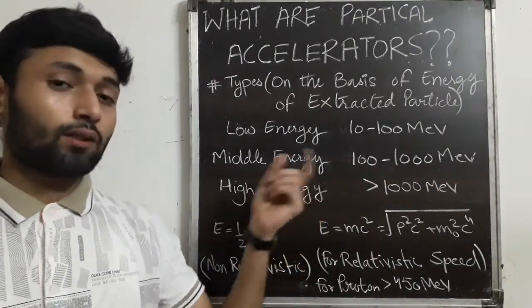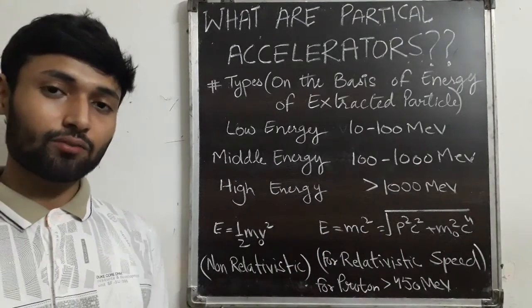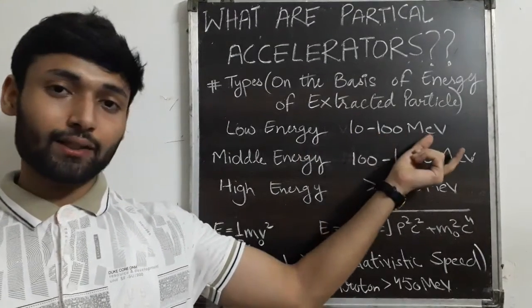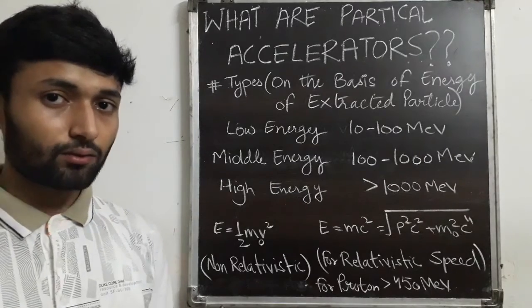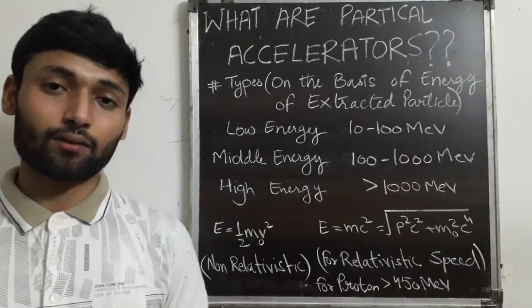Here, the Cockcroft-Walton circuit and Van de Graaff generator provide extracted particle energy between 10 to 100 million electron volt, and the linear accelerator, cyclotron and betatron provide energy of 10 to 1000 million electron volt.